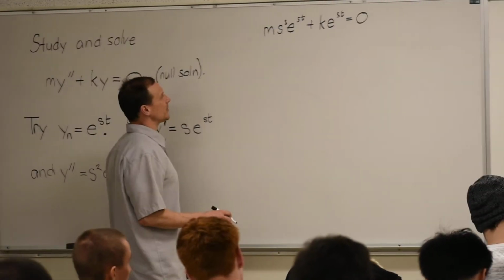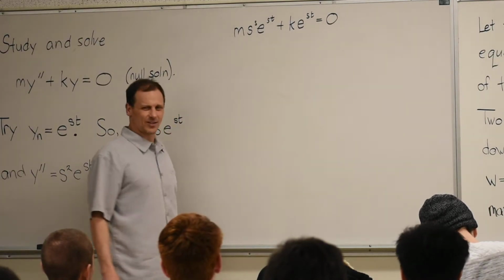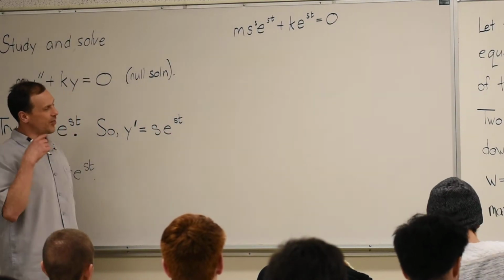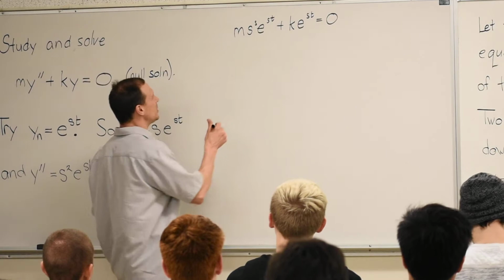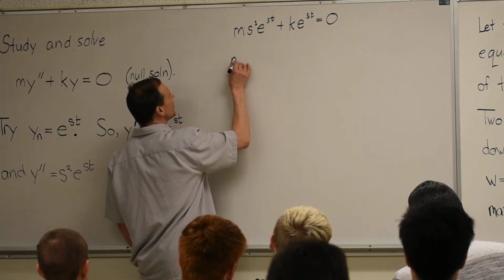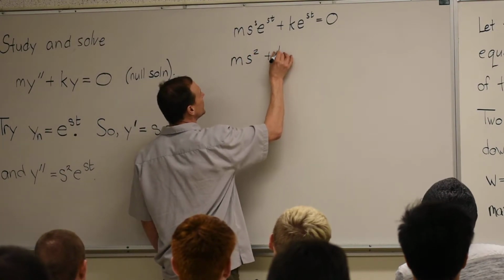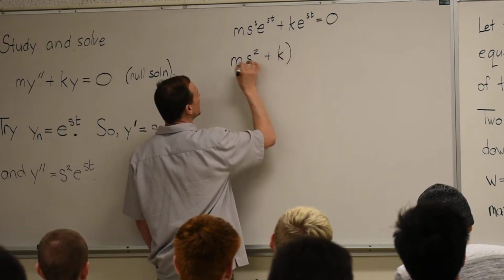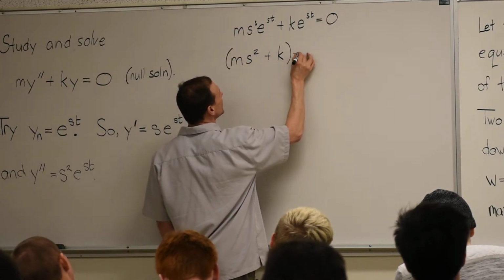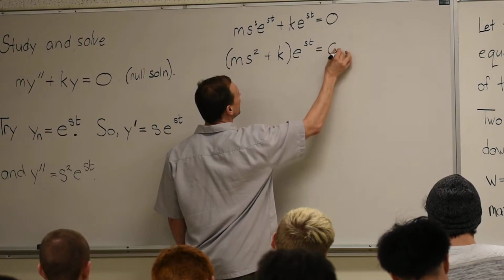You could go about this dividing and canceling. I don't always think that's the right thought process. It might be a cleaner way of thinking of this if you write it as m s squared plus k, that whole quantity, times e to the st is equal to 0.